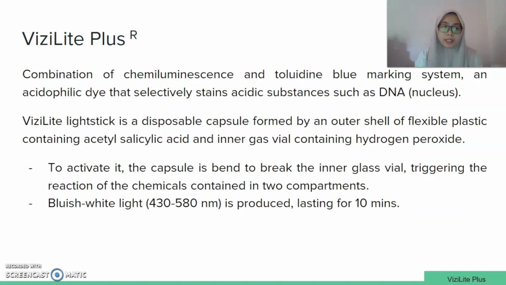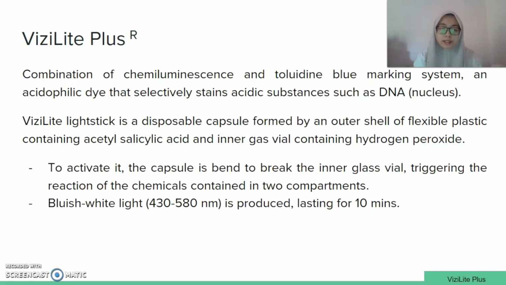The VisiLight Plus is the combination of chemiluminescence and toluidine blue marking system. It is an acidophilic dye that selectively stains acidic substances such as DNA, which can be found in the nucleus. VisiLight Light Stick is a disposable capsule formed by an outer shell of flexible plastic containing acetylsalicylic acid and an inner glass vial containing hydrogen peroxide.